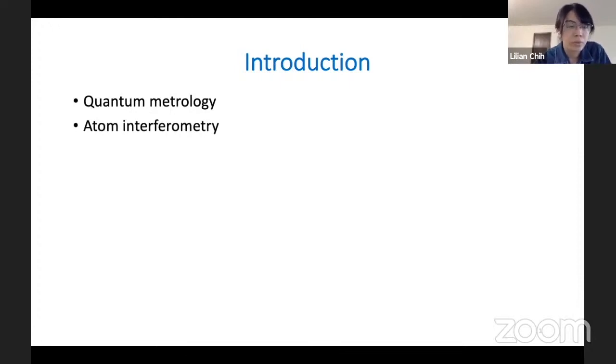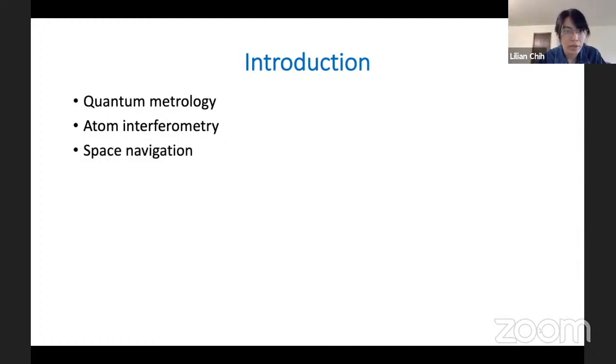One important tool in quantum metrology is the atom interferometer. And this is a technique that utilizes the wave-like properties of atoms to form interference patterns. It's commonly used to measure gravitational signals, and recently it's also been applied to measuring fundamental constants.